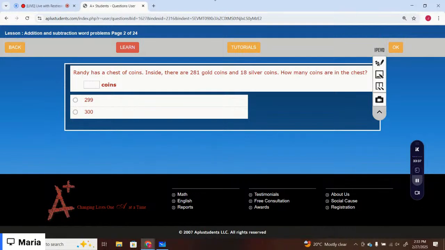So which is the correct option? That is 299 coins. Option number one is the correct option.